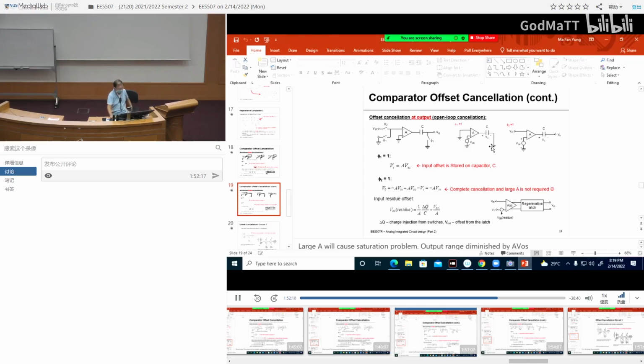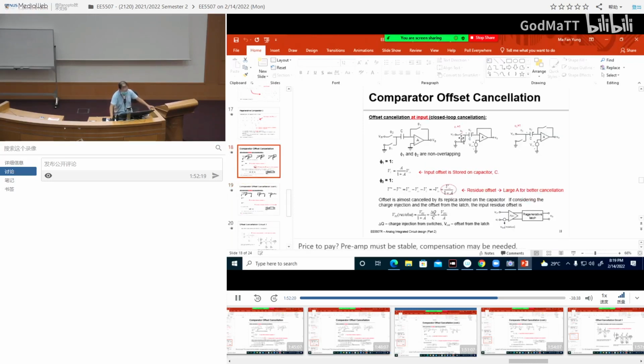So for example, this is the input offset cancellation. Here, during phi 1 equals 1, this is where you store the offset, VC equals to this. So during phi 1 equals 1, I store the offset across C as VC.